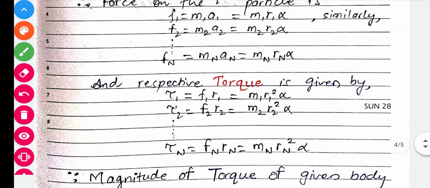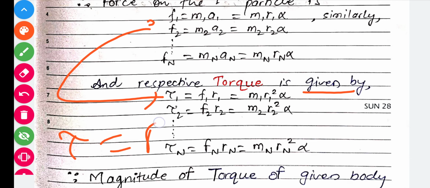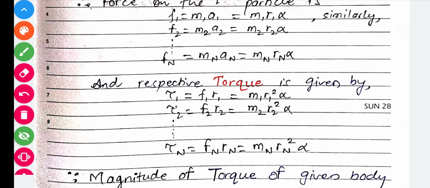Now, the respective torque is given by the relationship between force and torque. Torque is equal to force into the perpendicular distance. So what is happening here?